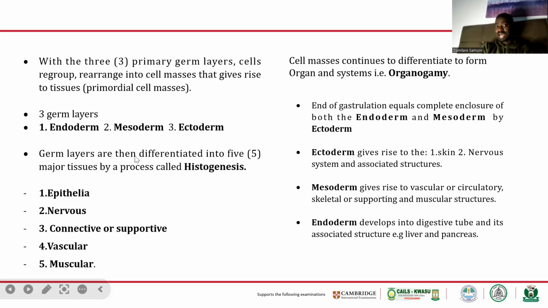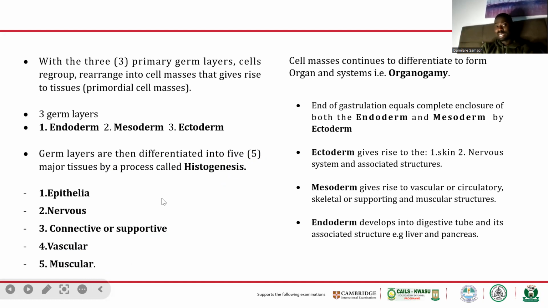So germ layers are then differentiated into 5 major tissues by a process called histogenesis, more like the study of histology. Which are the epithelial tissue, the nervous tissue, the connective and supportive tissue, the vascular tissue, and the muscular tissue.